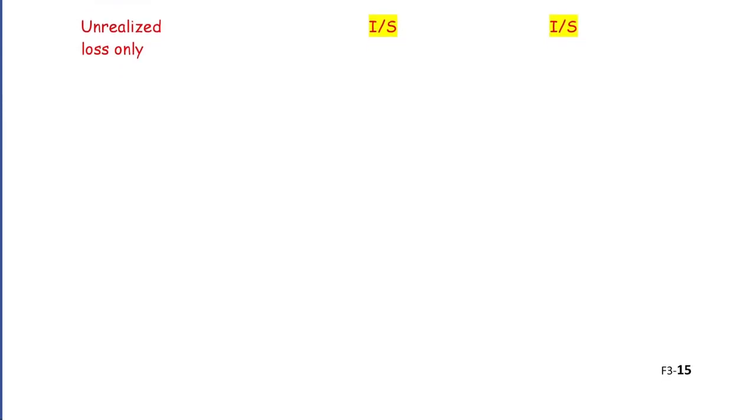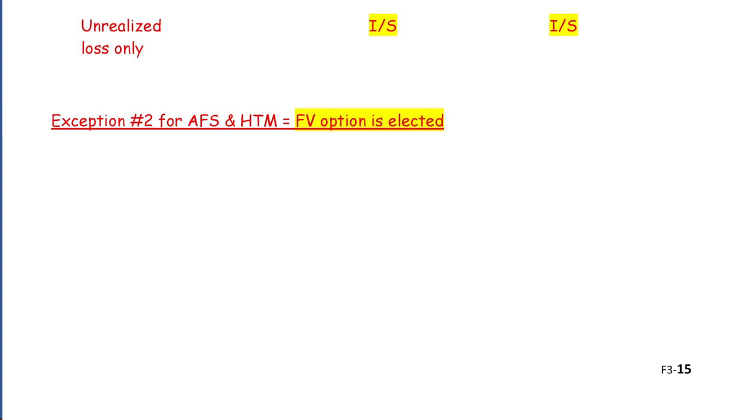Now let's look at exception number 2 for AFS and HTM, and that is fair value option is elected, and highlight that. Let's put in the 2 column headings for AFS and HTM and write balance sheet valuation.